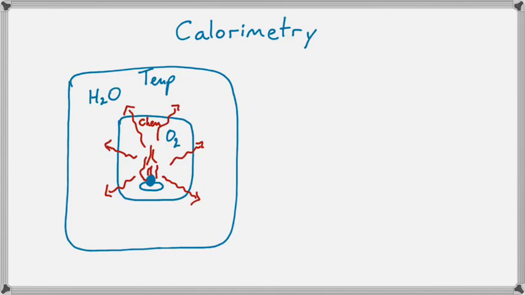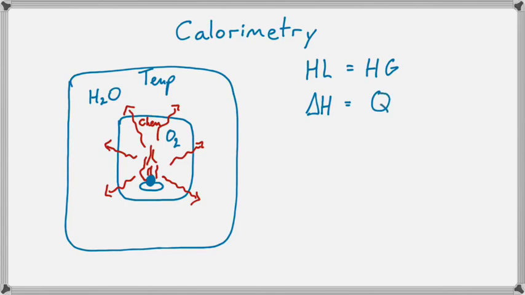Now, based on those assumptions, we can say that the heat that's being lost should be equal to the heat that's being gained by the water. And the heat that's being lost is a chemical change, so that's a delta H. The heat that's being gained is a temperature change, so that's a Q, from our formulas that we learned yesterday.